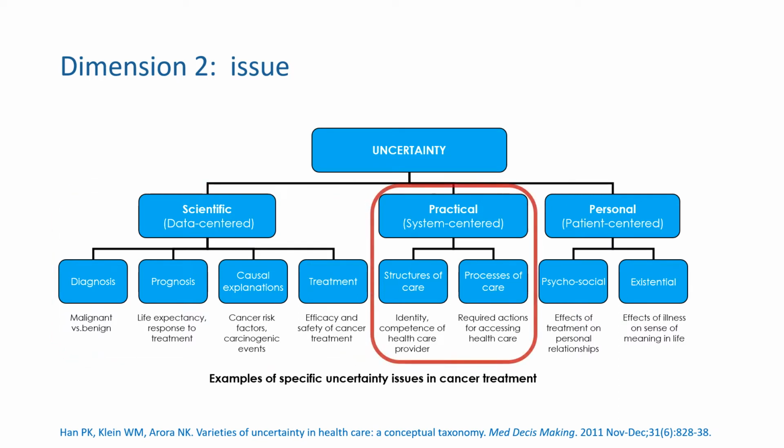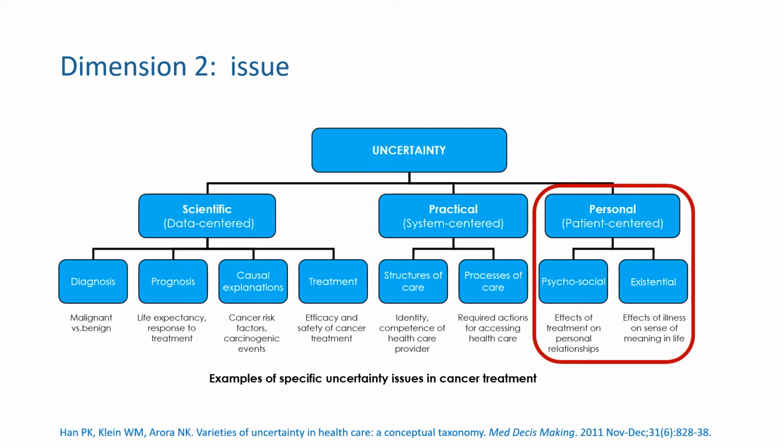While practical issues at the center of the figure are healthcare system-centered and include uncertainties about the structures and the processes of care and what one must do, for example, to access healthcare. Personal issues on the right-hand side of the figure are patient-centered and include psychosocial and existential uncertainties about a given health condition and its impact on one's life.